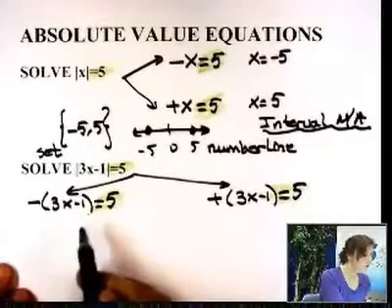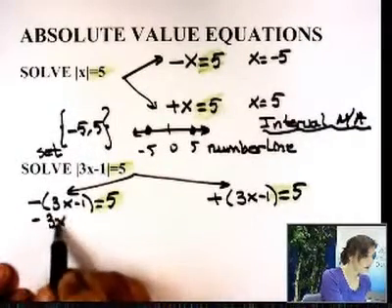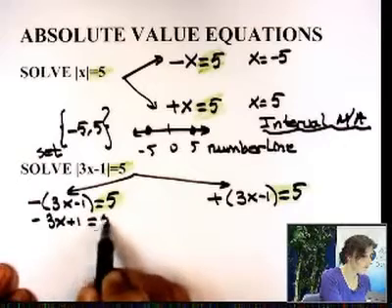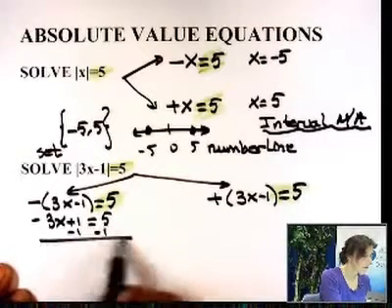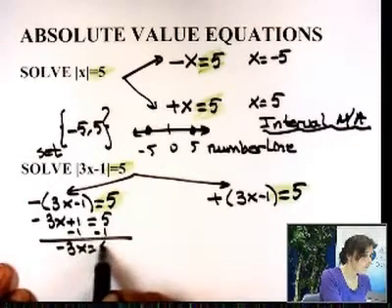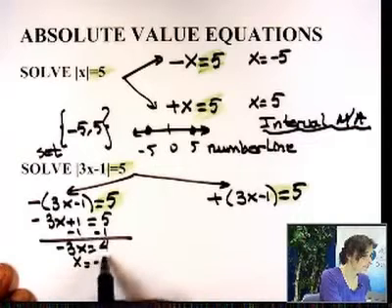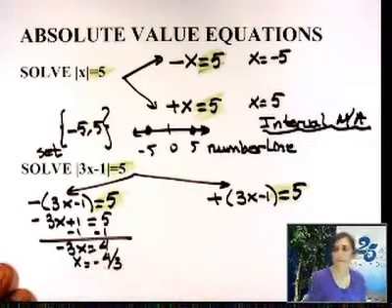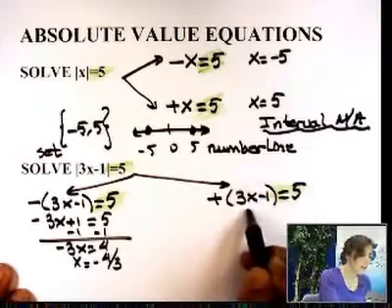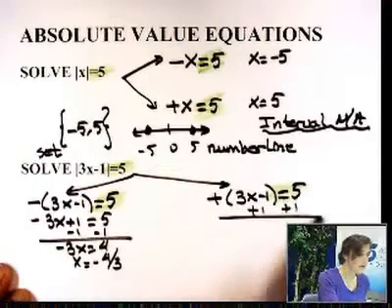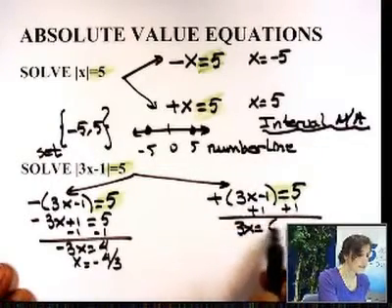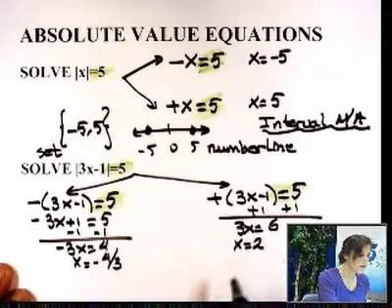Okay, this is going to give me -3x plus 1 equals 5. Subtract 1. -3x equals 4. x equals -4/3. How about this one? Subtract 1 from both sides. 3x equals 6. x equals 2.